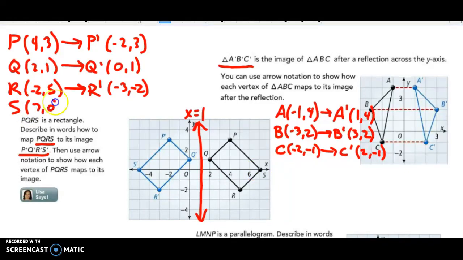Go over 7 and up 0 to get to point S. And that maps to S prime, which is at -5, 0. So once again, in words, what happened is that we reflected PQRS across the line x equals 1. And this is how we mapped that rectangle to its image.